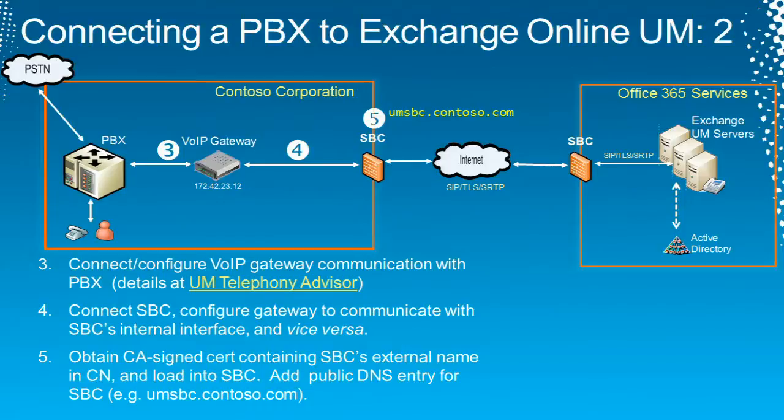There are a couple of other requirements about loading a root certificate and intermediate certificates if there's a certificate chain, and those are described in the configuration notes also. And of course, the administrator has to add a public DNS entry for that SBC so that it can be found by Online when it goes and does a DNS lookup on umsbc.contoso.com.